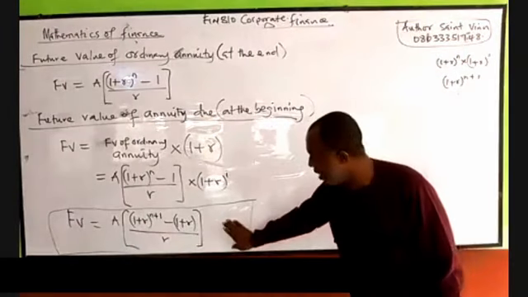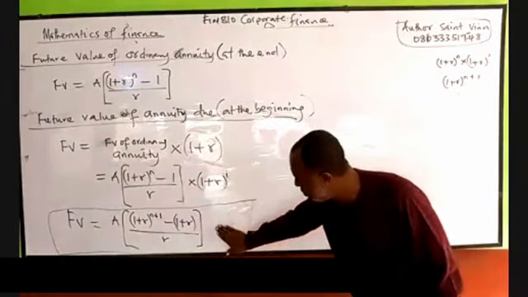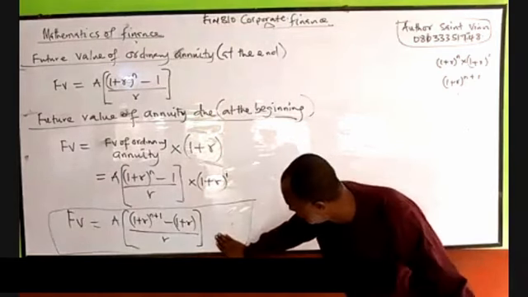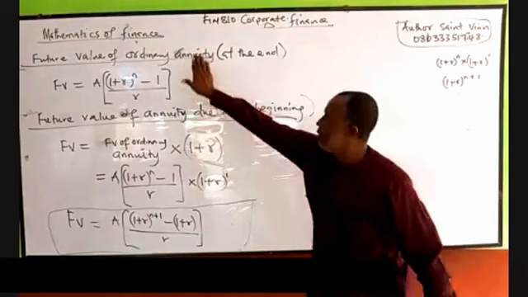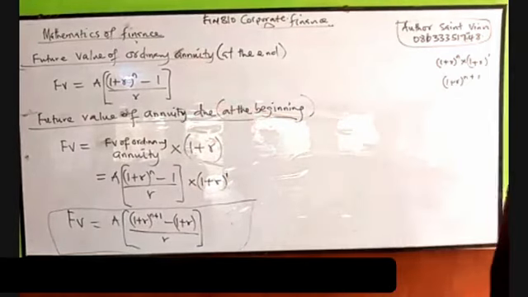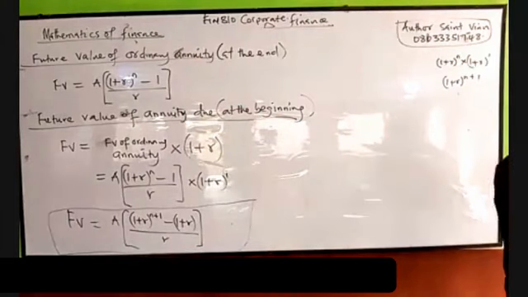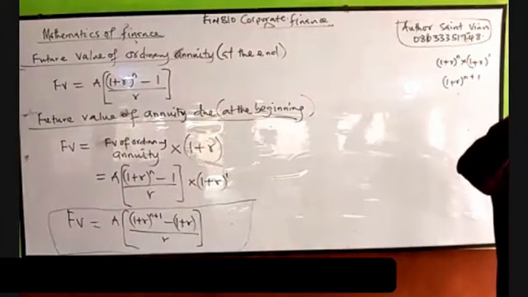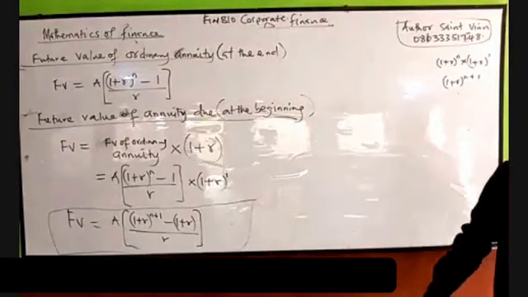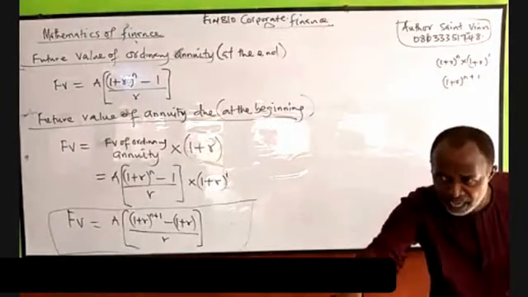This one, the rectangle here, this is the formula. How I arrive at this is what I just showed you, but nobody expects that from me. This is the formula for this one. And one thing we're going to do, like we taught you before: if I know the future value and I want to know the present, I discount it.